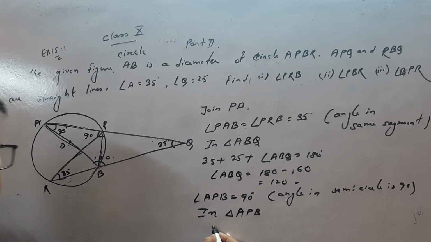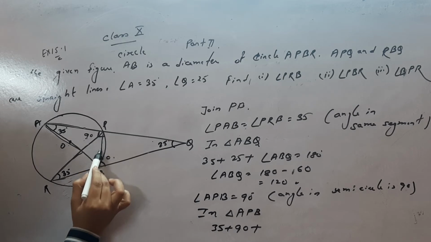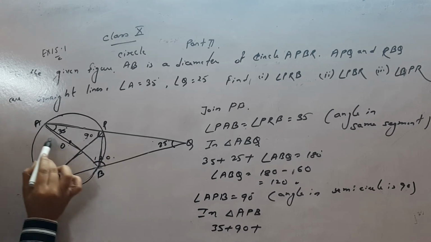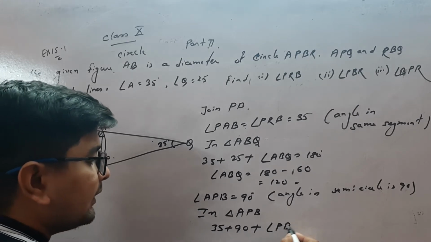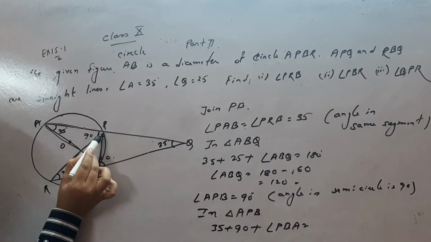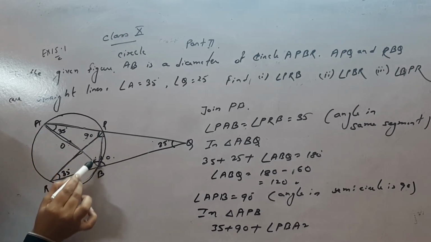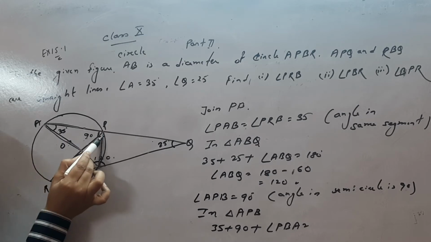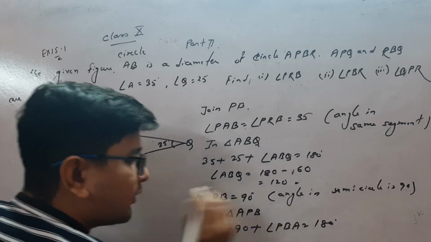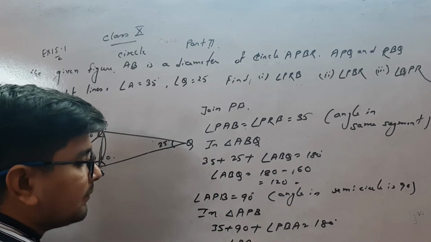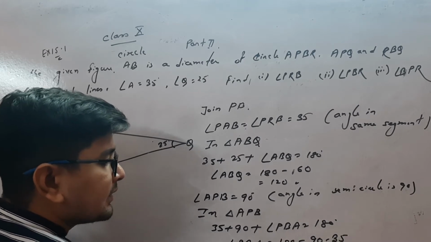So angle PBA, in triangle APB, this angle is given, this angle is given, sum of total is 180, so angle PBA equals 180 minus 90 minus 35.